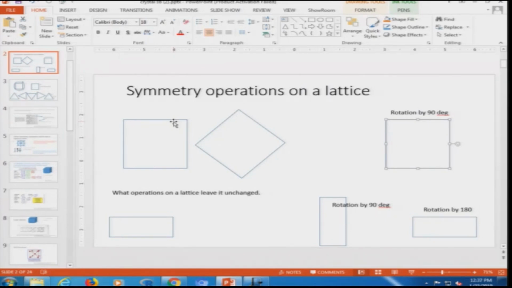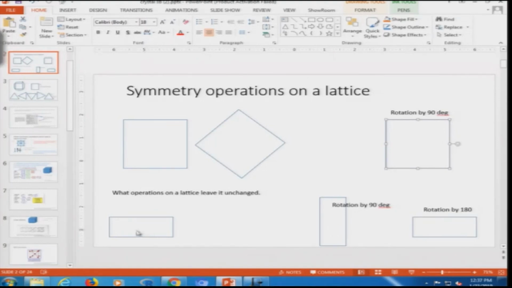If I have a rectangular lattice, then if I rotate it by 90 degrees, I will go from this sort of a structure to this sort of a structure. These two are very different structures. So, rotation by 90 degrees for this particular rectangular lattice is not invariant, but if I rotate it by 180, I can again make it invariant.